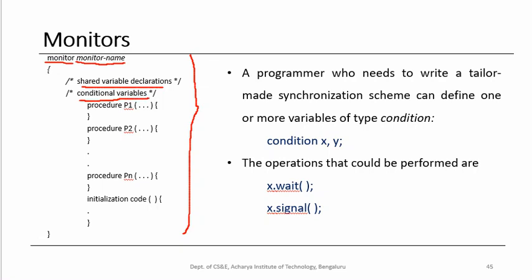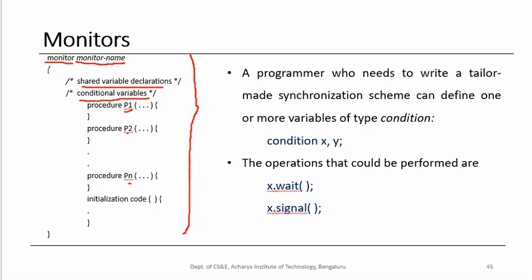I'll explain what condition variables are. Once the shared variables and condition variables are defined, we can have several procedure definitions. Here I've shown procedures P1, P2 to Pn. So there could be several operations defined. These are the operations that are performed on these shared variables.